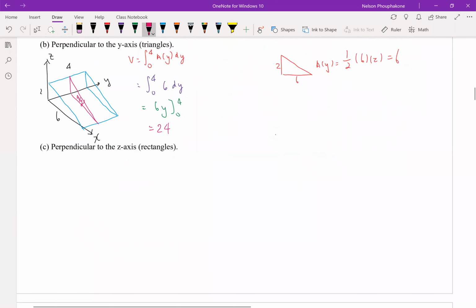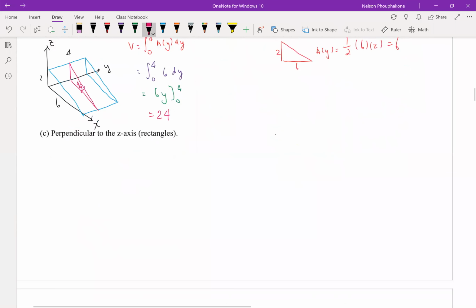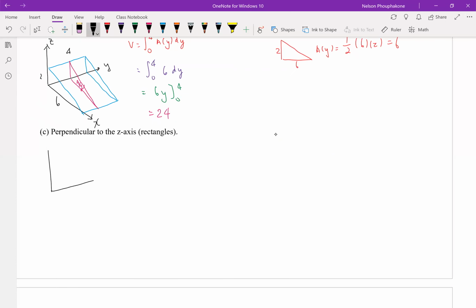Okay, now the last one is actually perpendicular to the z. So again, let us draw this out. This is z, this is y, this is x right here.